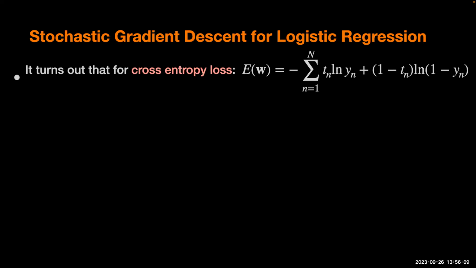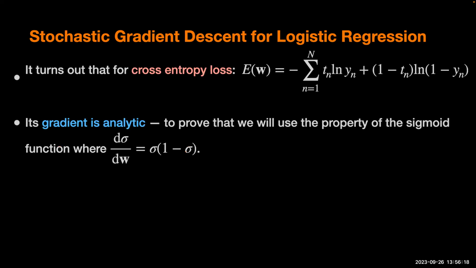So even though the optimal point for W is not analytic, dE/dW is analytic. Here you need to unpack a little bit. Where is W here? There's no W here. That is because we write y_n as the sigmoid of x times W. So this should be written as the sigmoid of something.